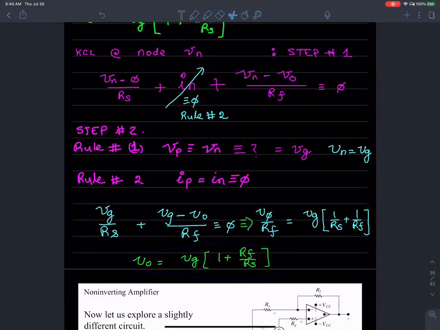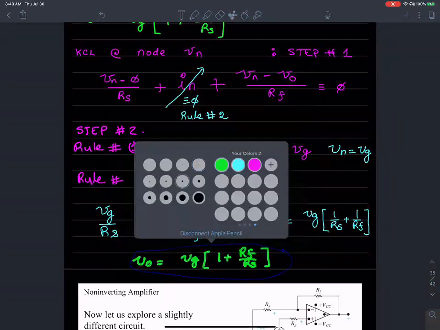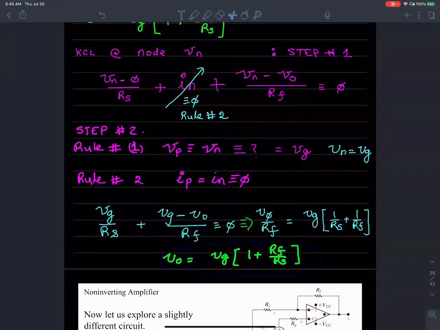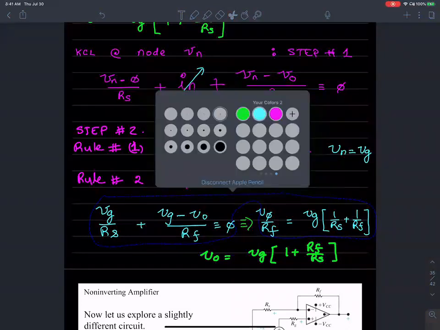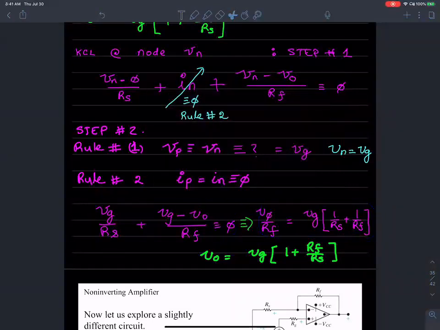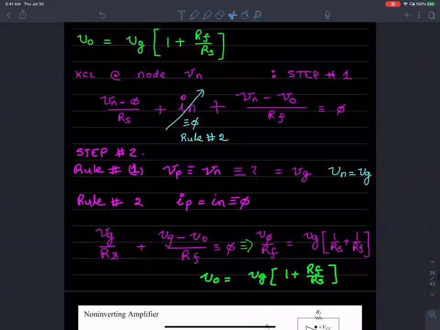Questions, please. So all we have done is to simply apply the KCL equation and the two rules, rule number 1 and rule number 2. What questions do you have at this time? So that's the idea of the non-inverting amplifier.